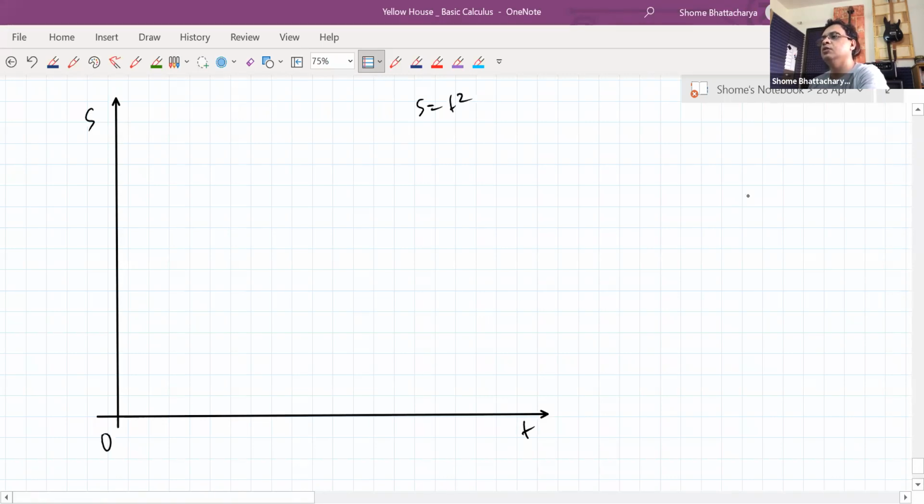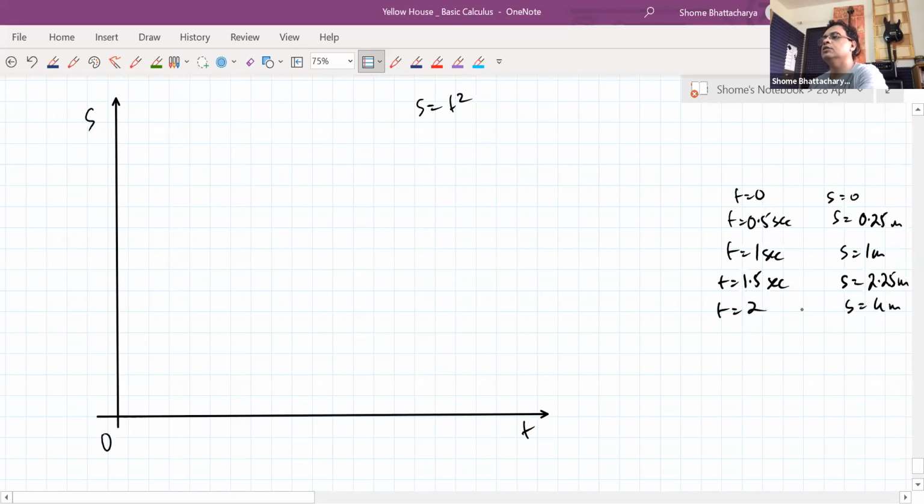So for example, t equal to 0, s is equal to 0. t equal to 0.5 seconds, s will be 0.25 meters. t equal to 1 second, s will be 1 meter. 1.5 seconds, 2.25 meters. 2 seconds, 4 meters. 2.5 seconds, 6.25. 3, 9. 4, 16, and so on.